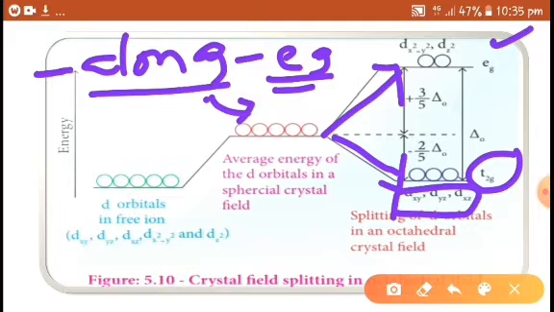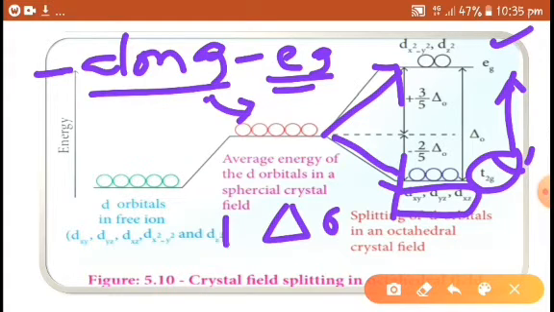The energy difference between the T2g and Eg orbitals is called the crystal field splitting energy of the octahedral complex. It is delta O, or 10 Dq, right?